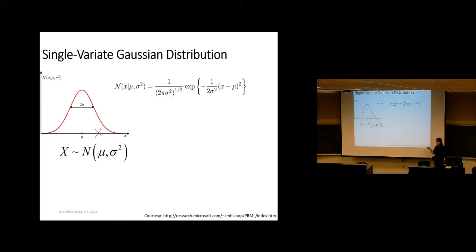The first parameter is mu, which is the mean. The second parameter is sigma squared, which is the variance. So it really tells you a Gaussian distribution's probability density function is fully determined by its mean and variance values.